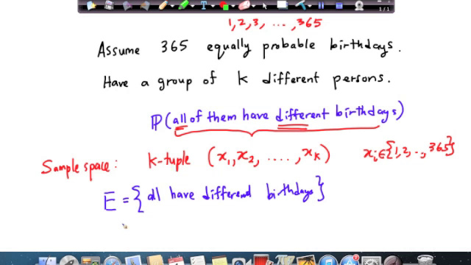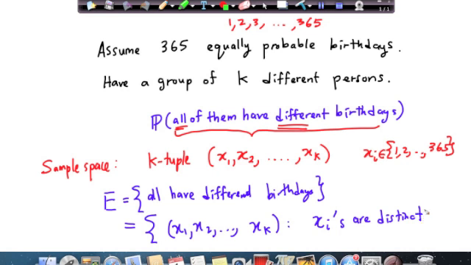How do we describe the elements in the event E? Well, these are the k-tuples such that all the numbers xi are distinct, because we want all of them to have different birthdays.